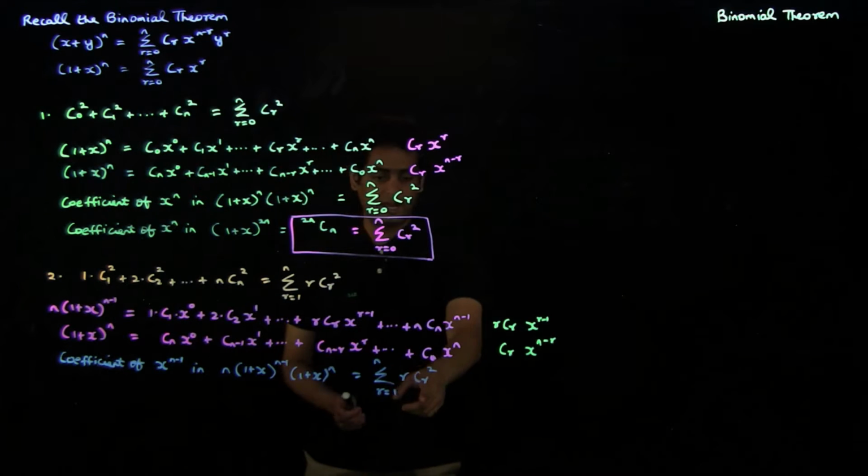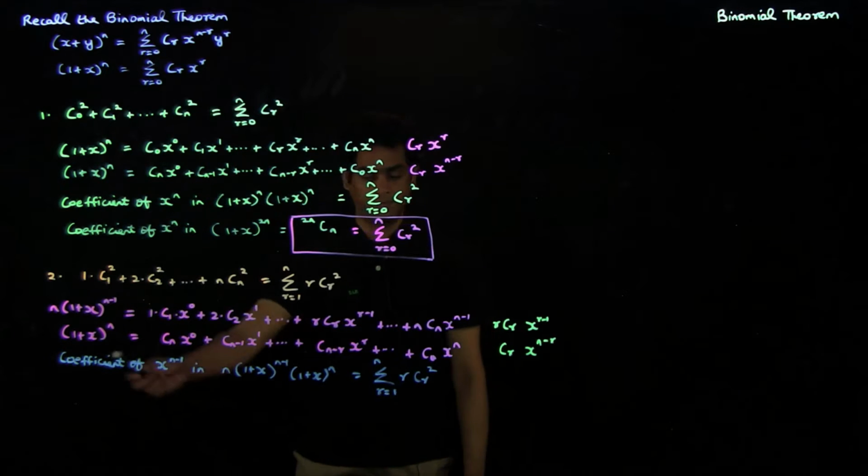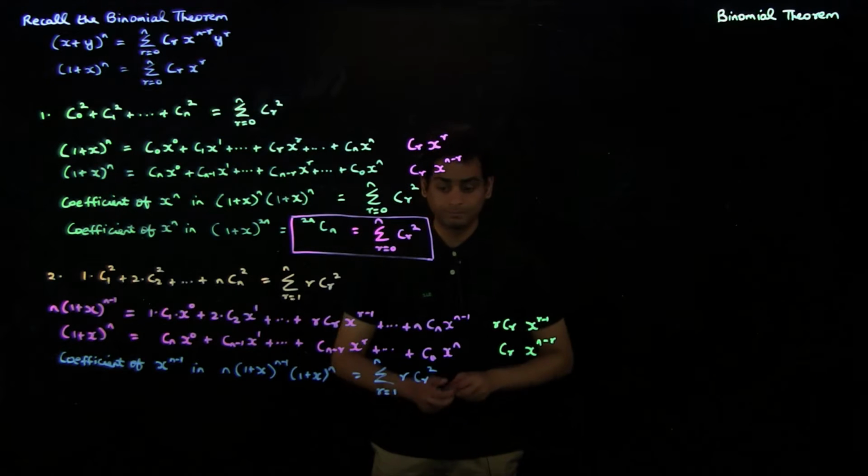So this right hand side is obtained by looking at the general term in these two expansions and looking at the coefficient of x power n minus 1.